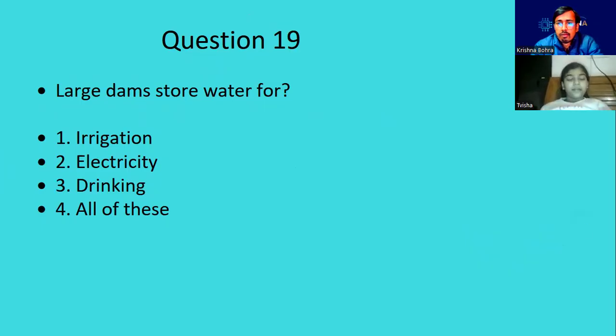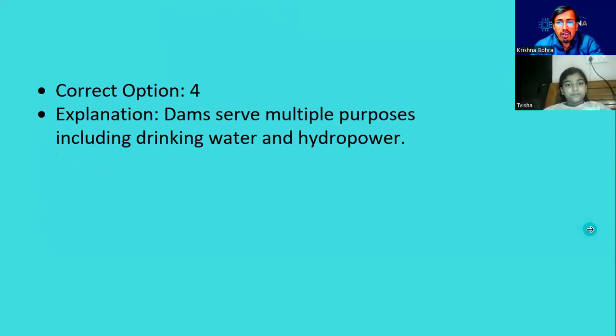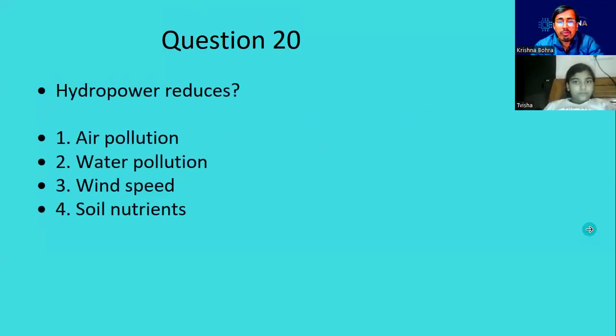So mainly they provide electricity, but sometimes they also send water for irrigation. We can also use it if this is fresh water, like a river from the Himalaya, so we can also drink it. So the correct answer needs to be all of the above, isn't it? All of these. Yes, sir. You are absolutely correct. Let's move on to question number 20. Hydropower reduces air pollution, water pollution, wind speed, and soil nutrients.